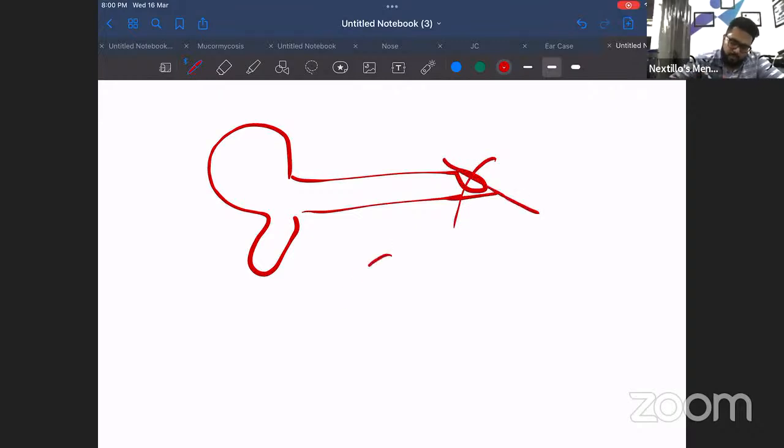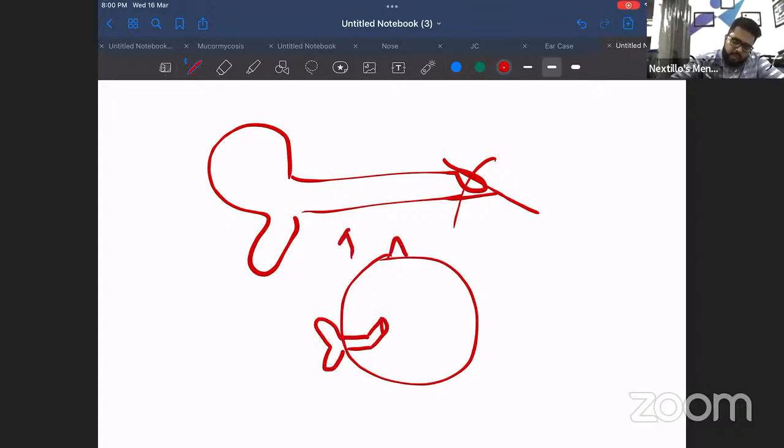Then you also have in mind the medial and forward course of the EAC, and why we have to pull it backward, lateral, and outwards to view the tympanic membrane so that it comes in a line. Because once the anatomy and the concepts are clear, it will be very easy for you to understand, learn and solve the MCQs. So, that's it for today. Bye bye. Till the next class.